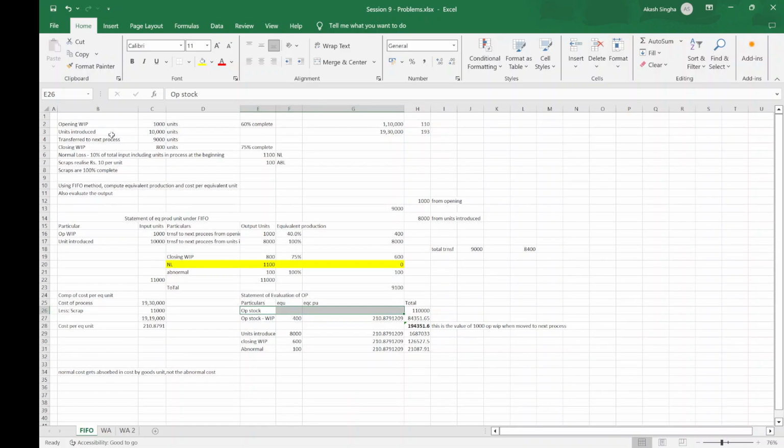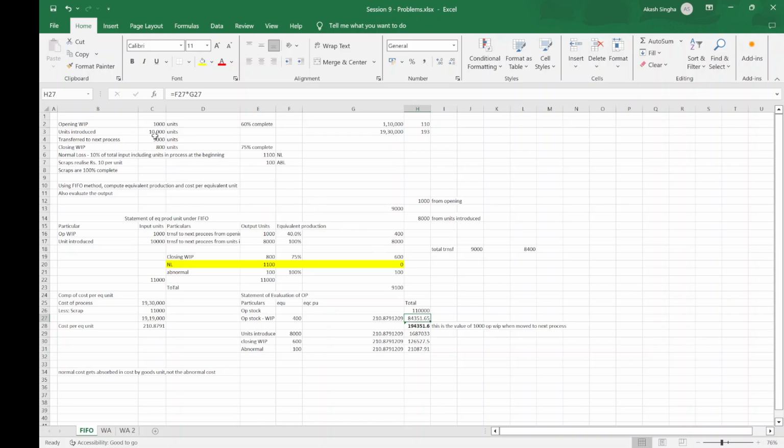At the very beginning, opening work in progress was 1,000 units, which was valued at 1,10,000, right? Now we have done 40% of its job, 60% was already done. So 1,000 into 40%, which is 400 units we have done, and per unit cost was 210.87. So 400 into 210.87 is the value for the opening work in progress.